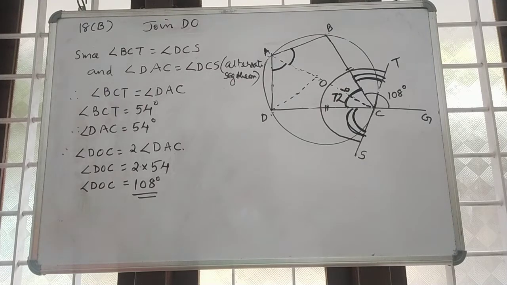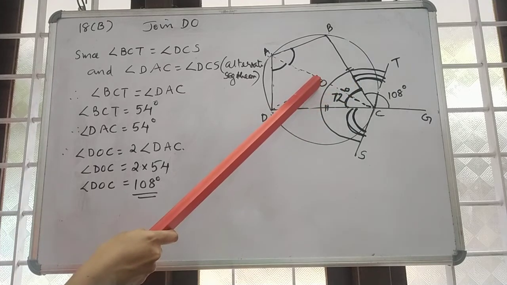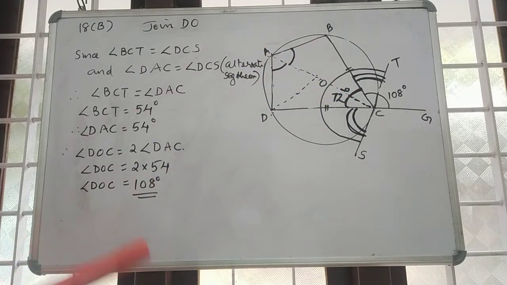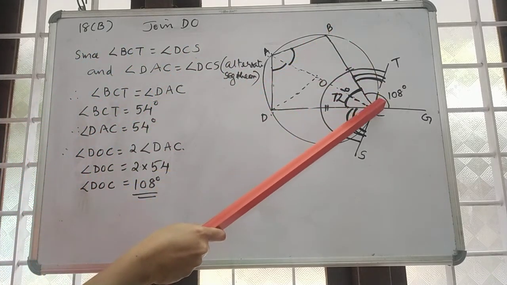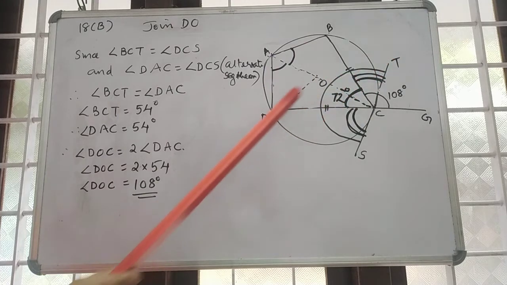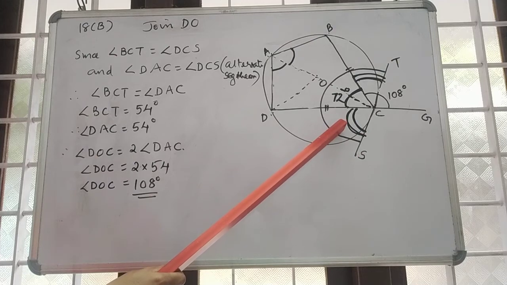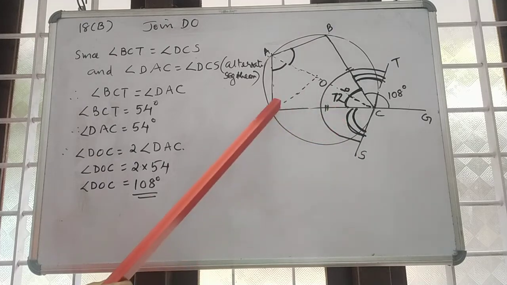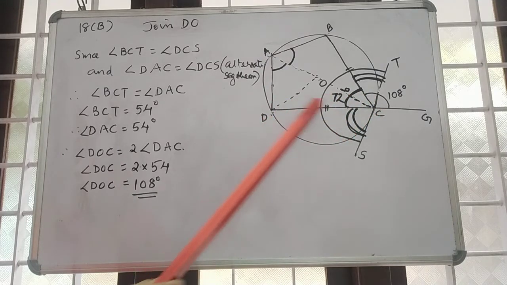For finding the second part, join DO, since we want to find out angle DOC. Already we know BCT is equal to DCS, which we proved. And DAC is equal to DCS.